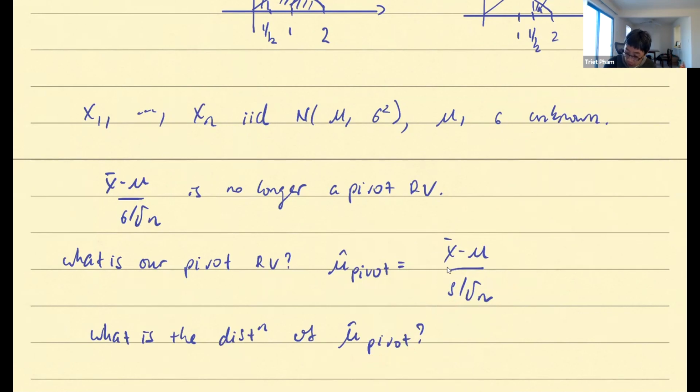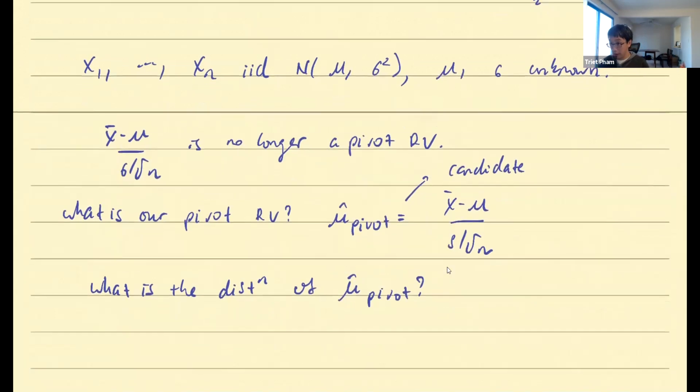So anyway, when you come up with this, it's a candidate, at this stage it's just a candidate for the pivot random variable, until you check that the distribution here is clean, is independent of unknown parameters. Then you cannot say that confidently that it's pivot, okay? But this is the hard work.